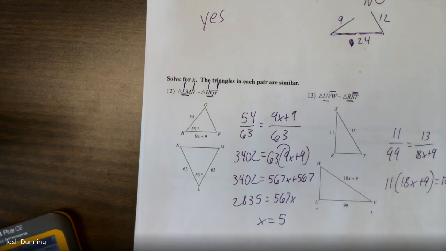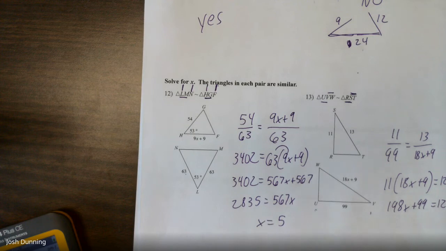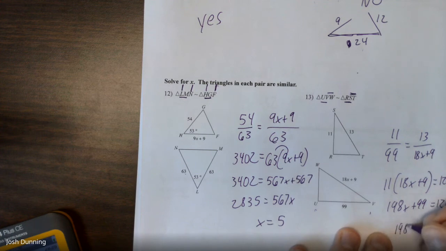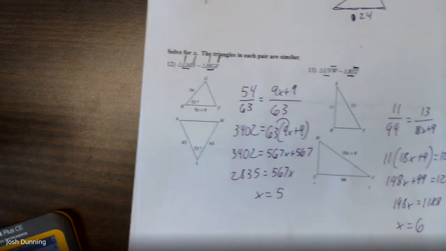Distribute. So now we'll minus the 99. And then divide by the 198. 6. There we go.